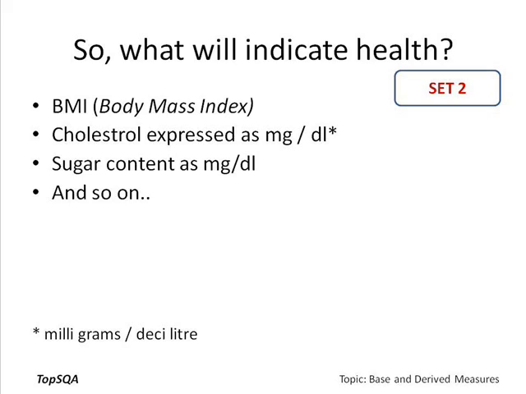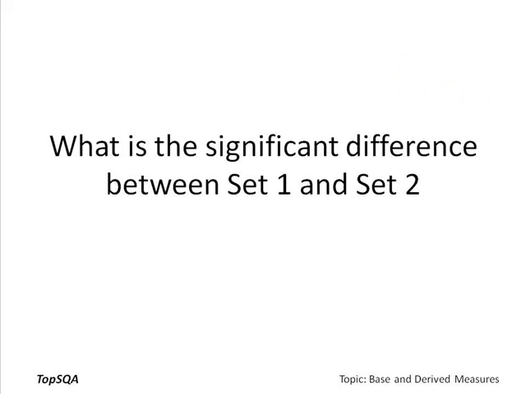So in the first set we saw some plain numbers like height, weight, age, etc. And in set 2 we saw some numbers that really help the doctor to take a decision. So what is the significant difference between these two sets?